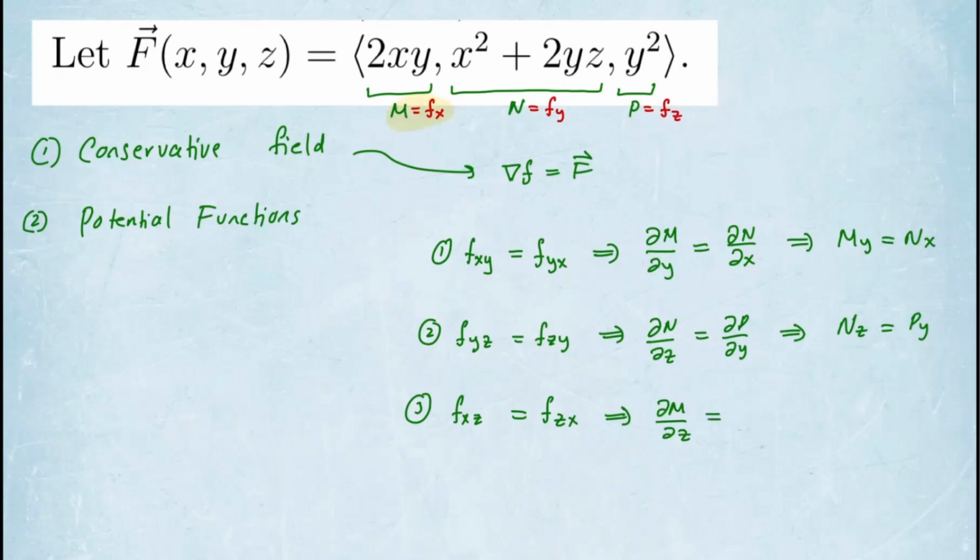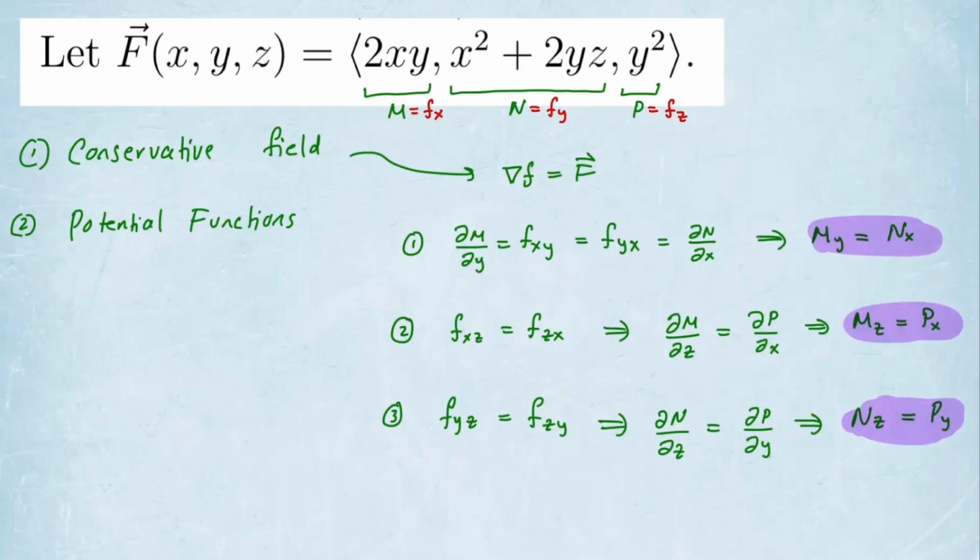We show that this is equal to the partial of f with respect to z, that's P, so the partial of P with respect to x. In simplified form, M sub z is equal to P sub x. So these are the component tests we're going to perform in order to show that the field F is conservative.